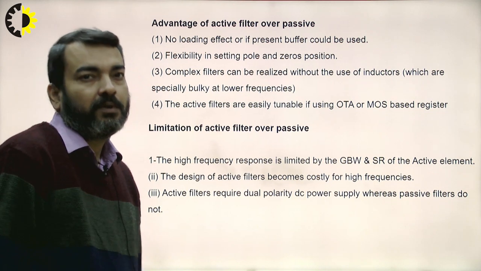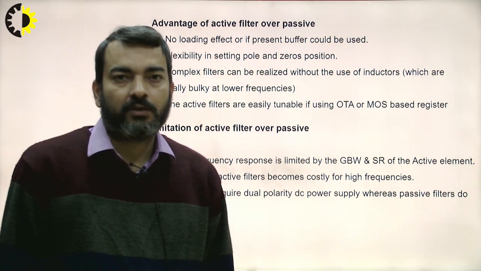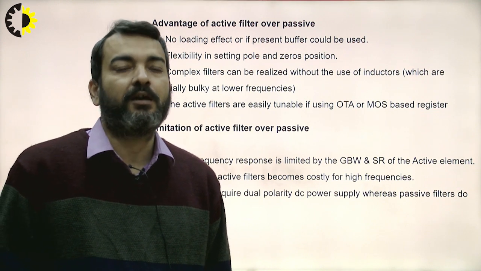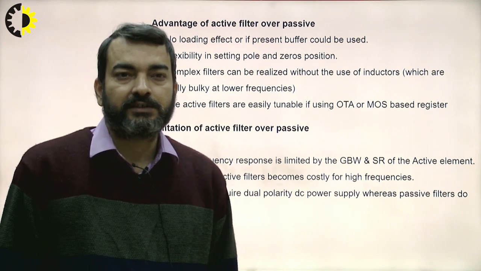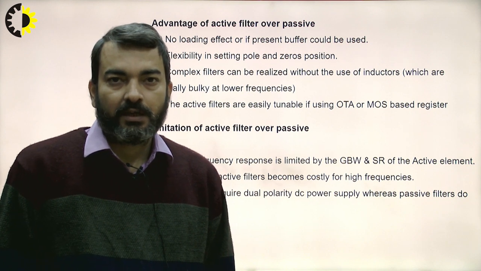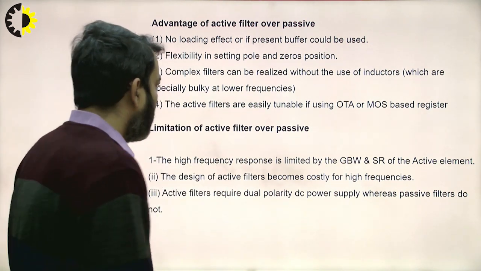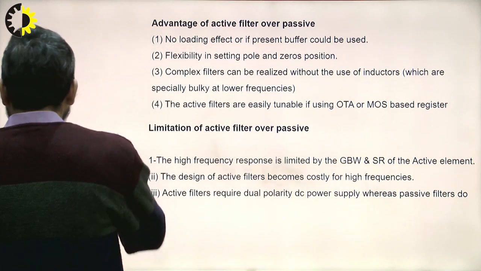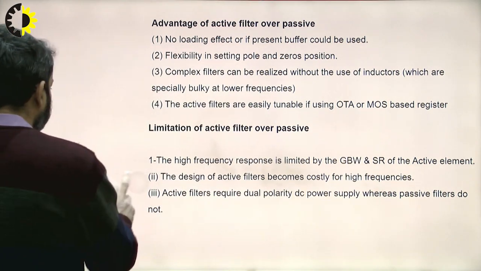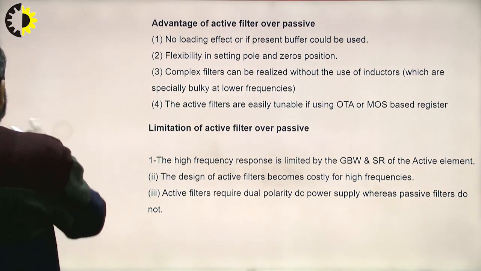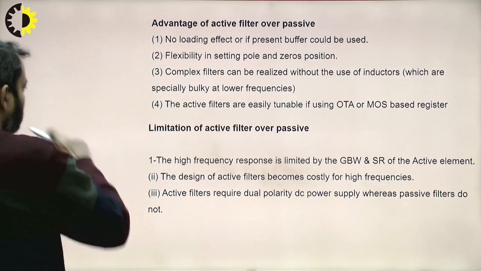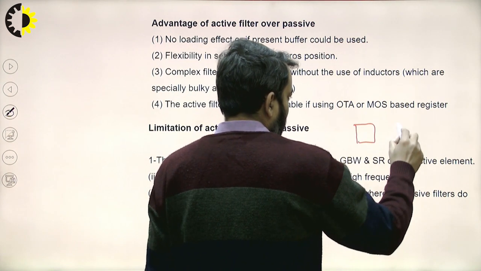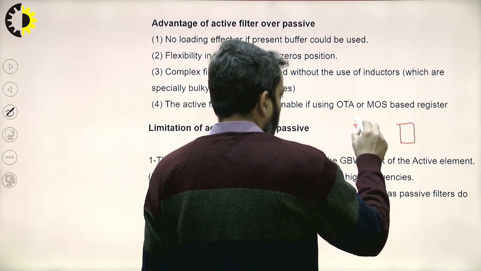So if we talk about active filters, what is the need of active filters and what was the drawback of passive filters? First important point: let's say we have two sections of passive filter, this is one section, this is another section.